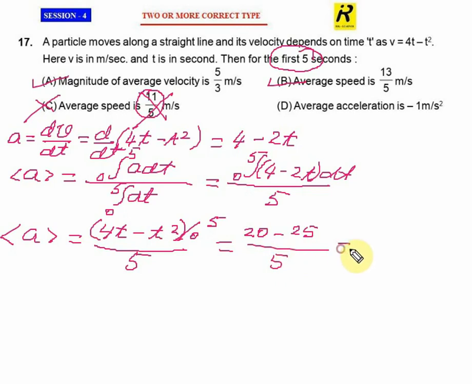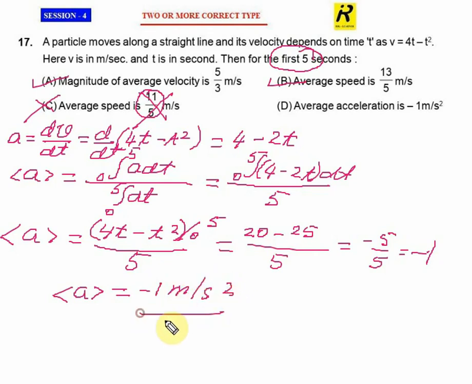So this equals minus 5 divided by 5. This is minus 1. So that means the average acceleration in the first 5 seconds will be minus 1 meter per square second. So this should be the answer.